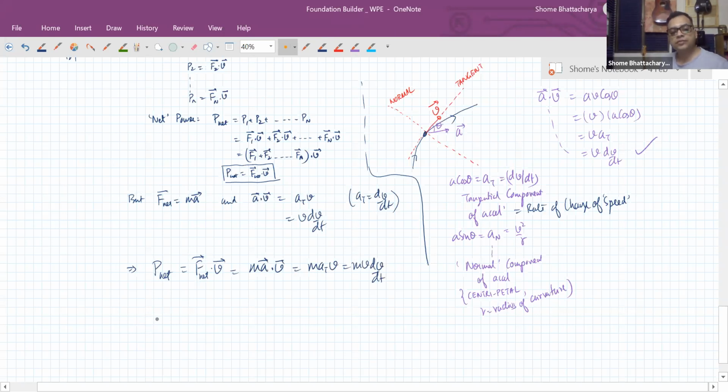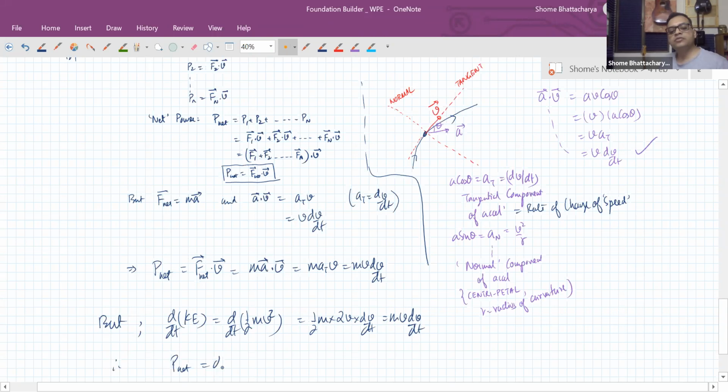Now notice that if you differentiate the kinetic energy with respect to time, you will get the same term. It's half m into 2v into dv by dt. So it is mv dv by dt. Therefore, the net power equals the rate of change of kinetic energy.